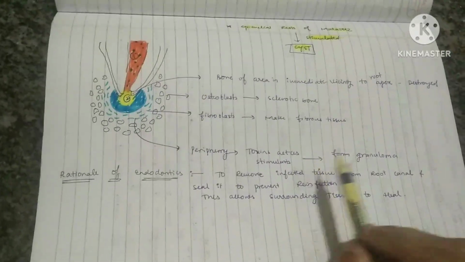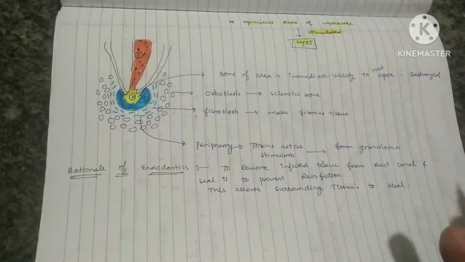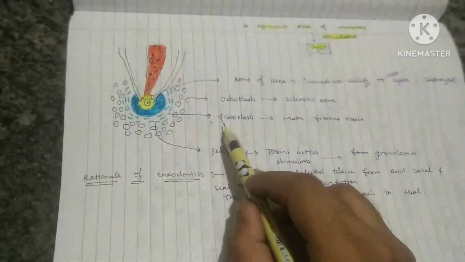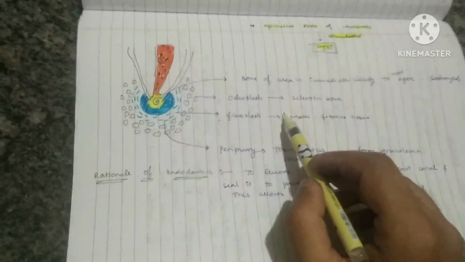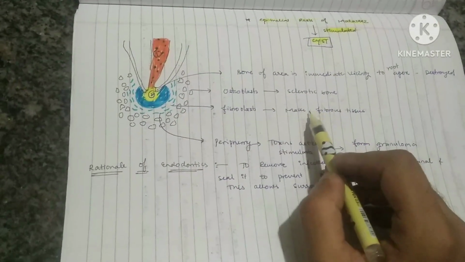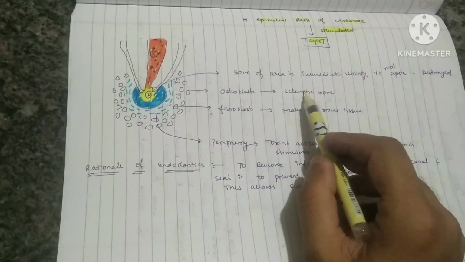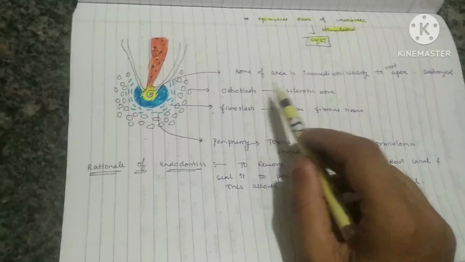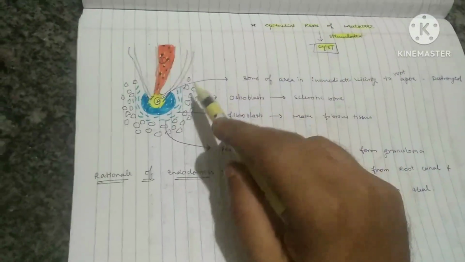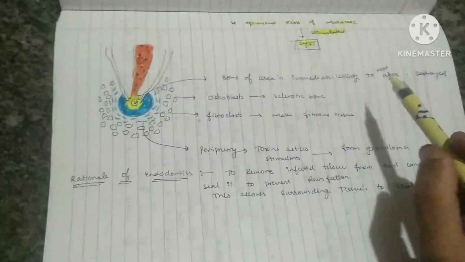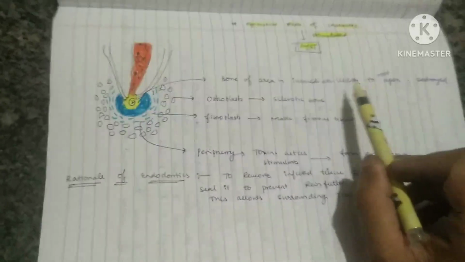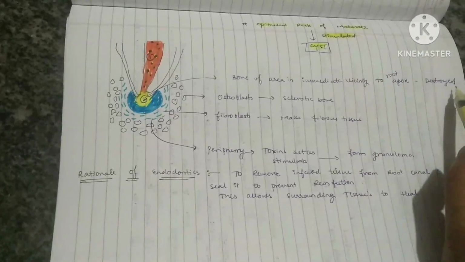They act as the stimulus and they form the granuloma. ठीक है. And in the second zone, osteoblast and fibroblast stimulate and form the fibrous tissue, collagen. Collagen itself forms the fibrous tissue, and the bone, which is formed by the osteoblast, is the sclerotic bone. And in the second zone, what we have is the bone of the area in the immediate vicinity of the root apex. They are going to be destroyed.